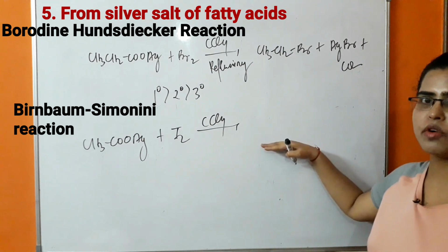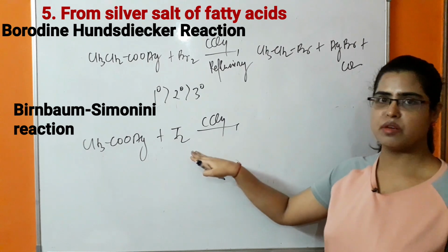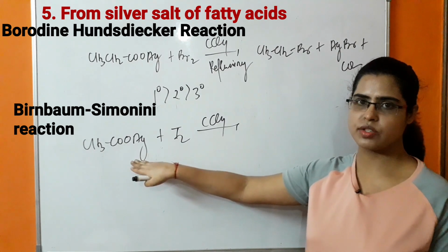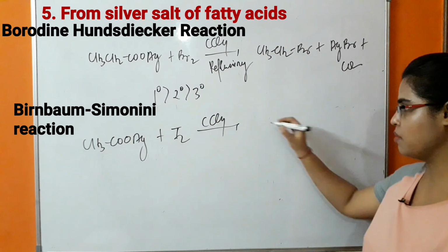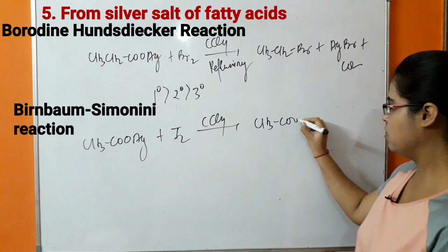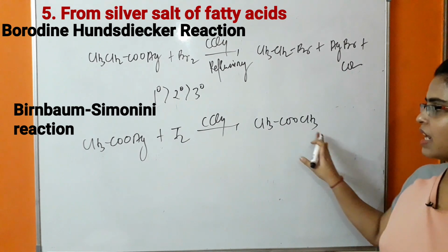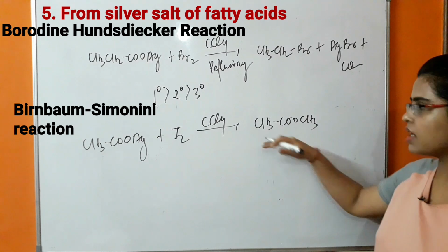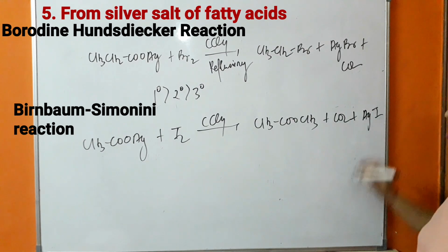There is no formation of alkyl iodide in the presence of this silver salt. So in this case there is a formation of ester. So there is a formation of methyl ethanoate. This is ester, and removal of CO2 and AgI.